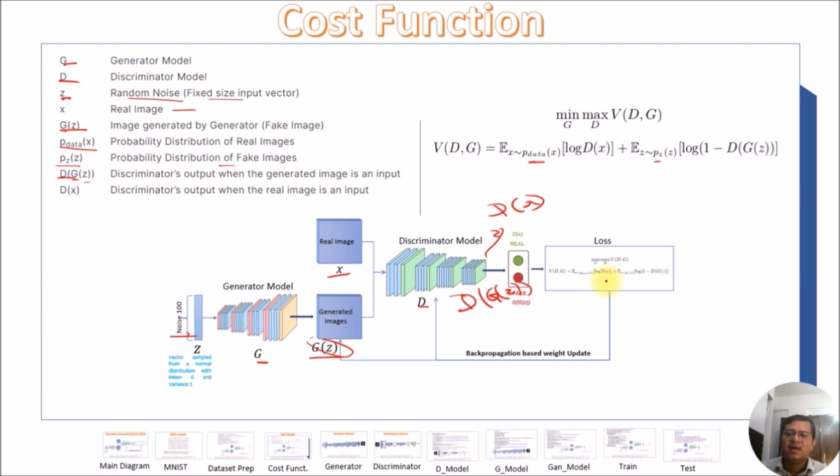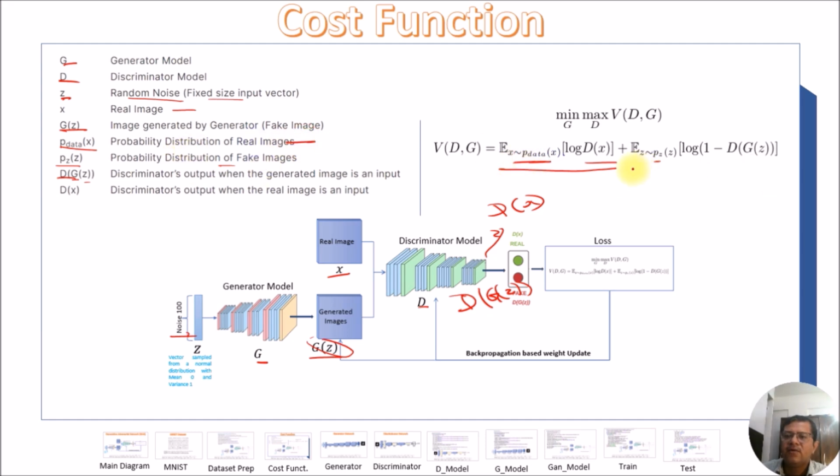Now let us try to understand the terms used in the loss function. We read this as the expectation of log D(x), where x is sampled from P_data(x), the probability distribution of real images.